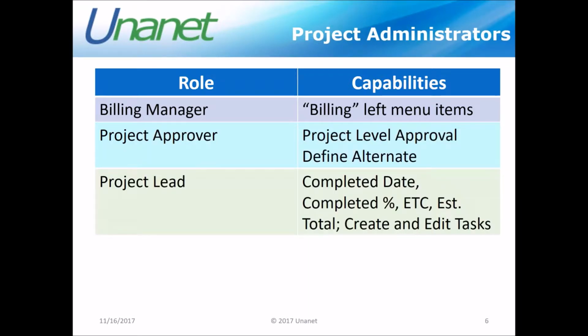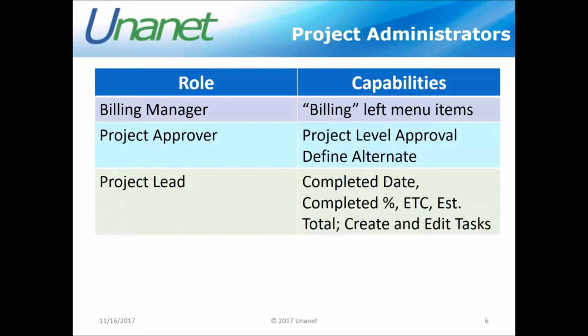The project lead role is similar to a project manager role, but it has more limitations on it. The project lead allows you to go in and update the completed date, a completed percentage if you all are managing a project by physically entering in a percent complete. You can update your ETCs, your estimated time to completion.